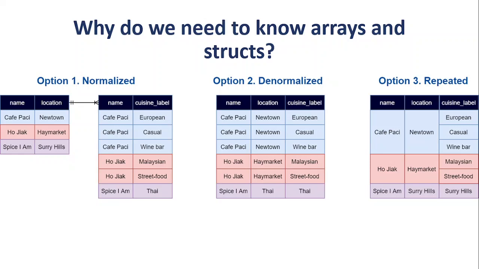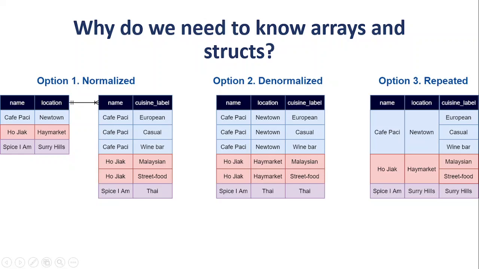In BigQuery, we get the best of both worlds, which is represented in option 3, using repeated fields or arrays. If you look at this, it has 3 rows, and in the last column they have arrays.